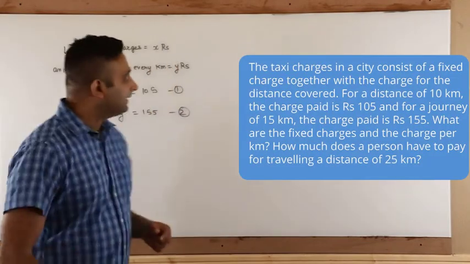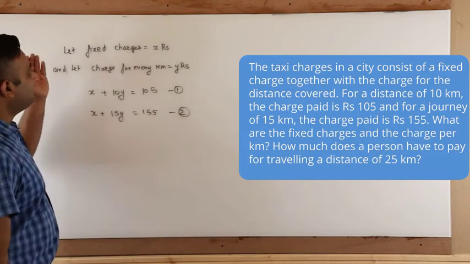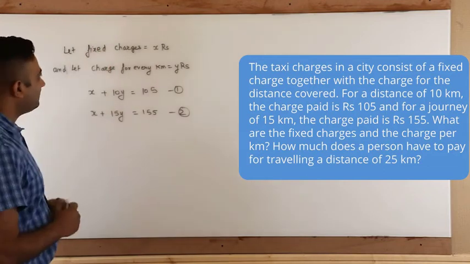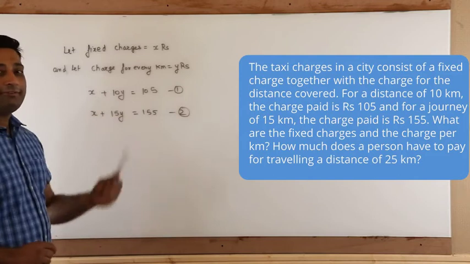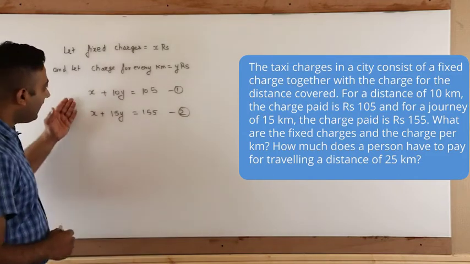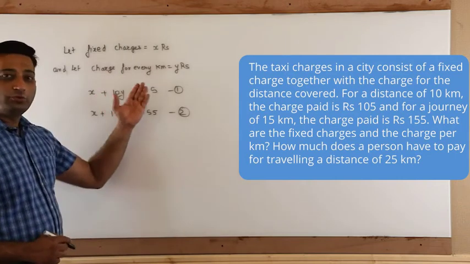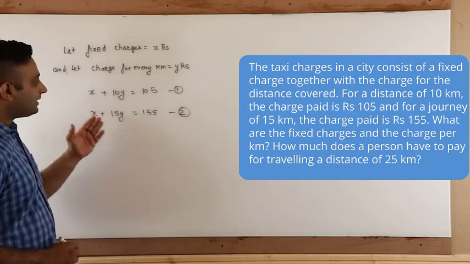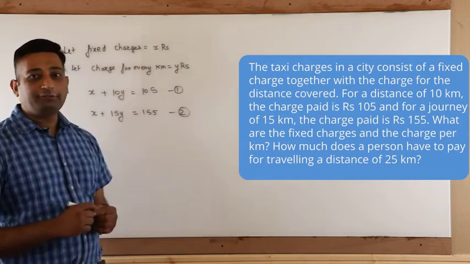Dear students, let us assume that the fixed charge is equal to x rupees and the charge for every kilometer equal to y rupees. According to the given conditions, x plus 10y equals 105 and x plus 15y equals 155.